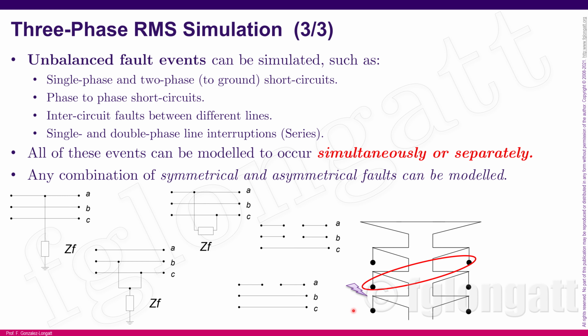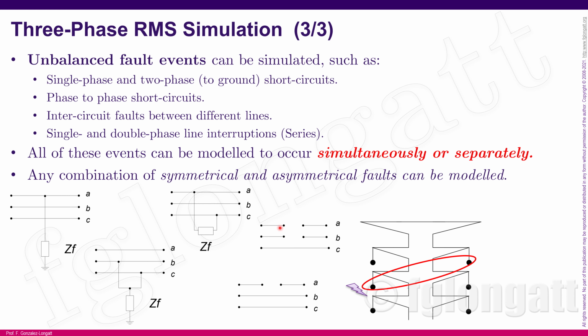okay? Something interesting: a lot of people are extremely familiar with short circuits, but when we talk about series faults, not many people are familiar with that, okay? Be careful with this. In a power system, there is a possibility that we have one open line or two open lines, okay?